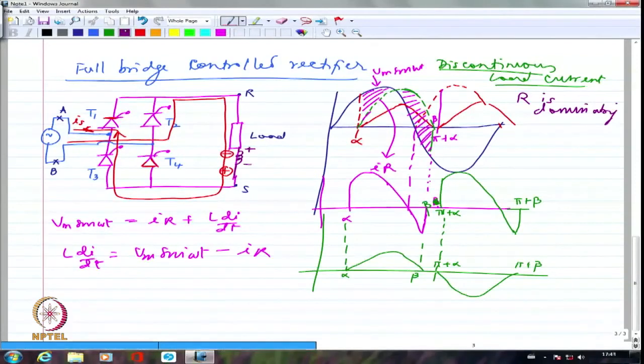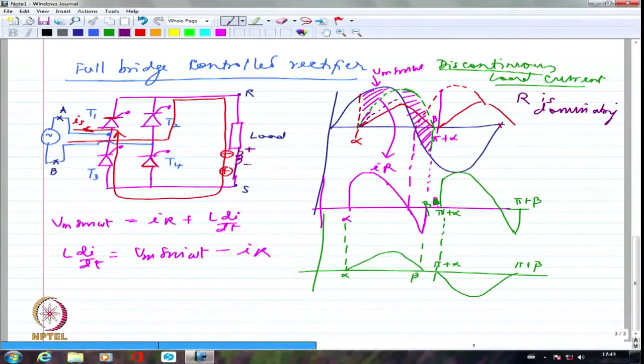I'm just drawing it arbitrarily. This is the IR drop. In which case, much more energy gets saved in the inductance. If the IR drop is smaller, the L di by dt component will be much larger, so it will save much more energy in the inductance.